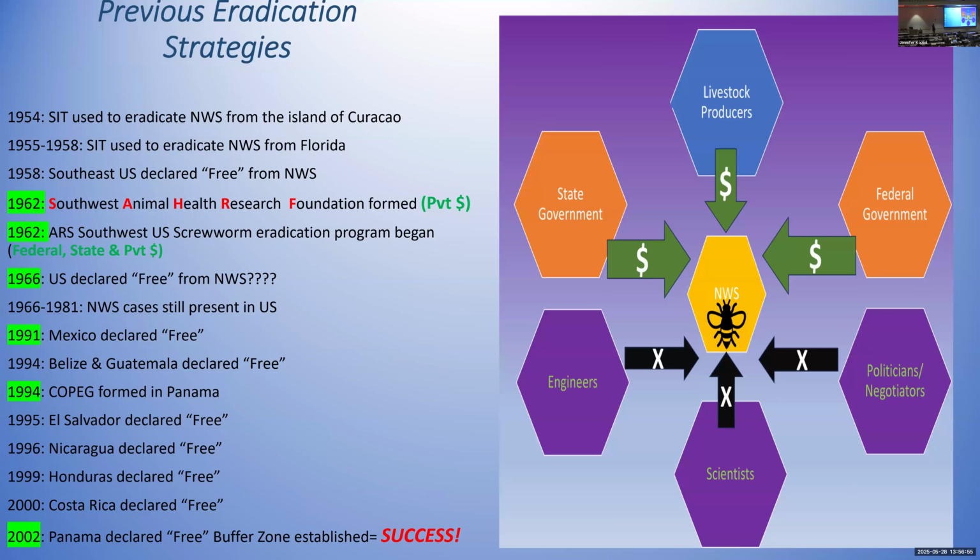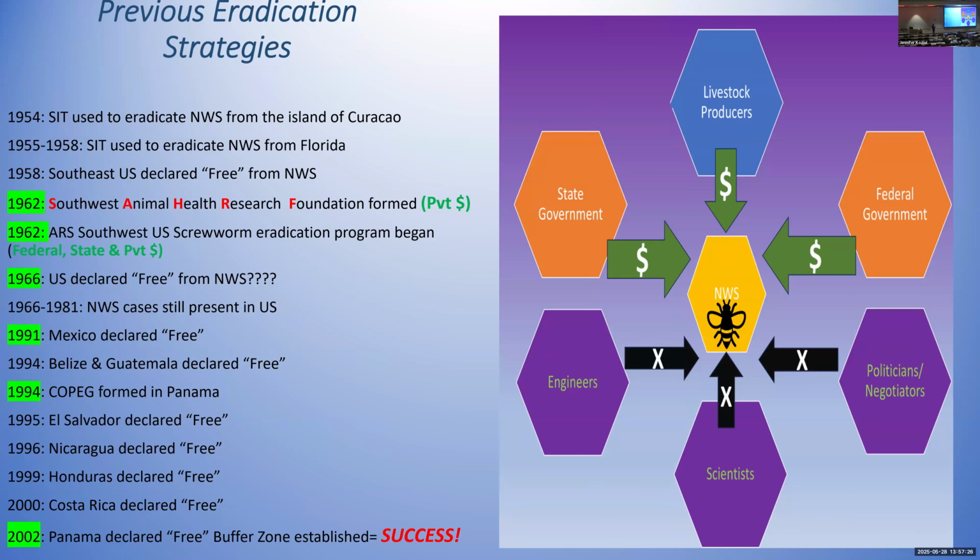The private sector put up a third of the monies required for the initiation of the Southwest eradication program. That's huge. The feds wouldn't do it, the state couldn't do it, and the private sector did it. And then the federal government, the state government said, oh my gosh, if it's such a big deal that the private sector can put the seed money up, we're going to run with it. Crazy, crazy successful program.